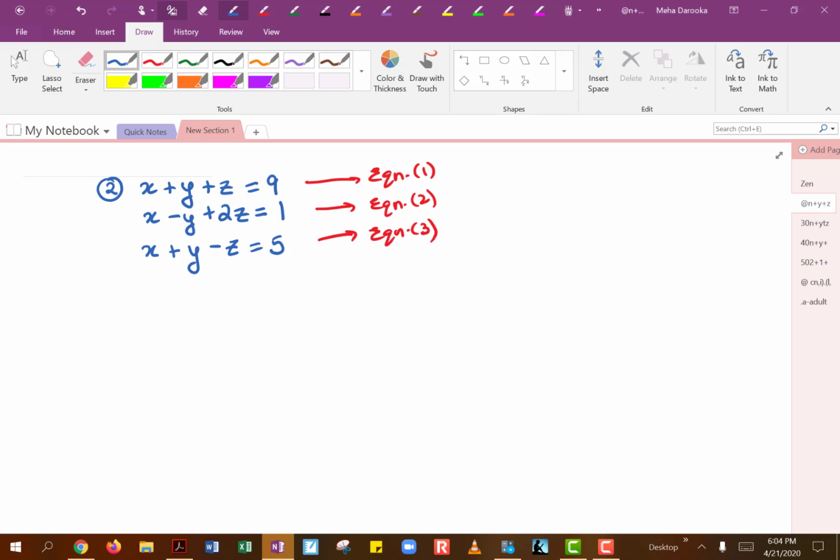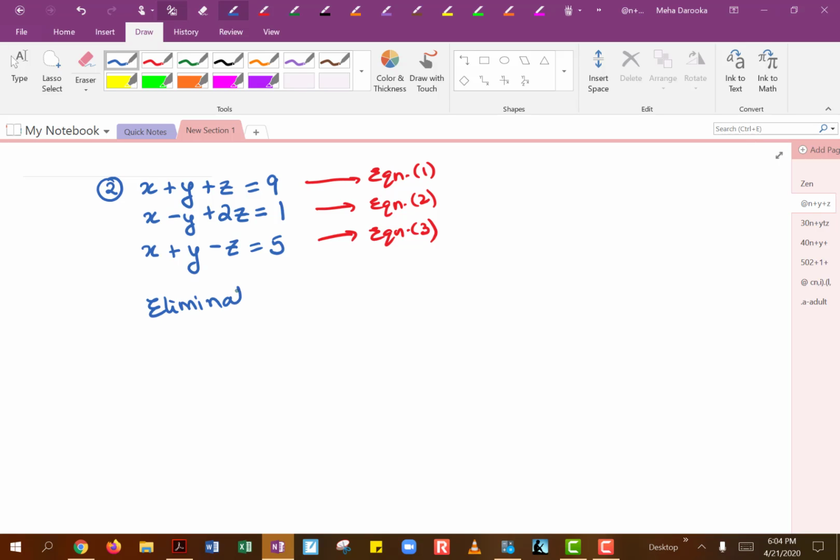All of our x's are positive, but you can also eliminate x by making the other two negative. When I look at the z variable, because my middle equation has a 2z on it, I probably wouldn't bother with the z variable. So in this case, since my y already has a positive and a negative sign, I'm going to go ahead and eliminate y.